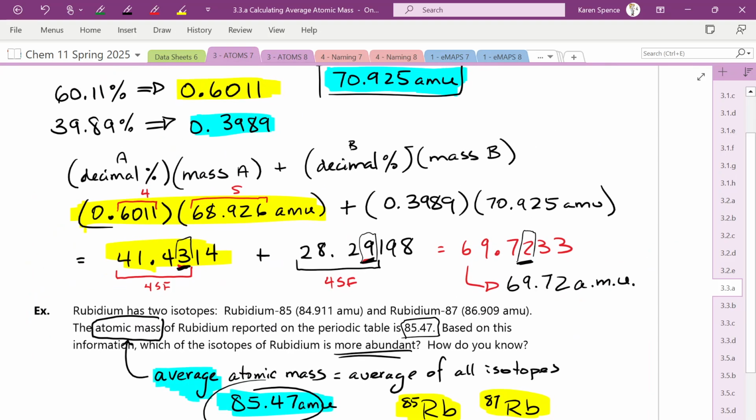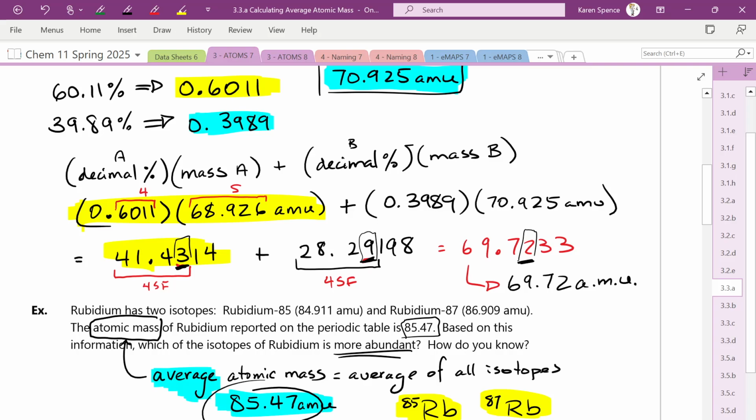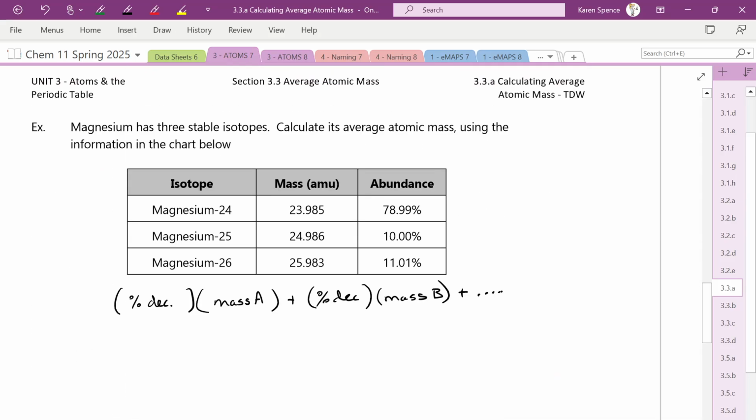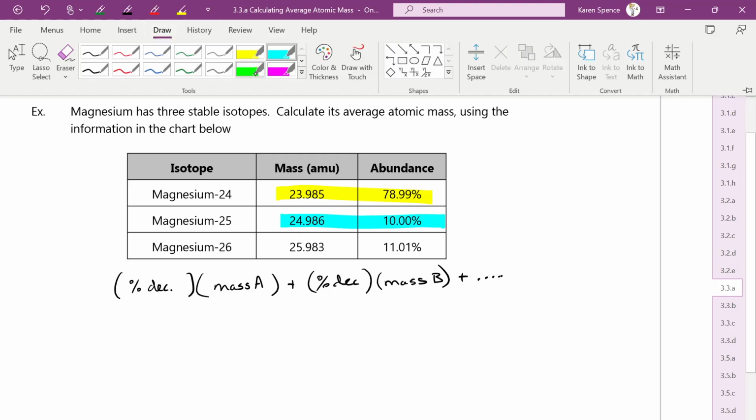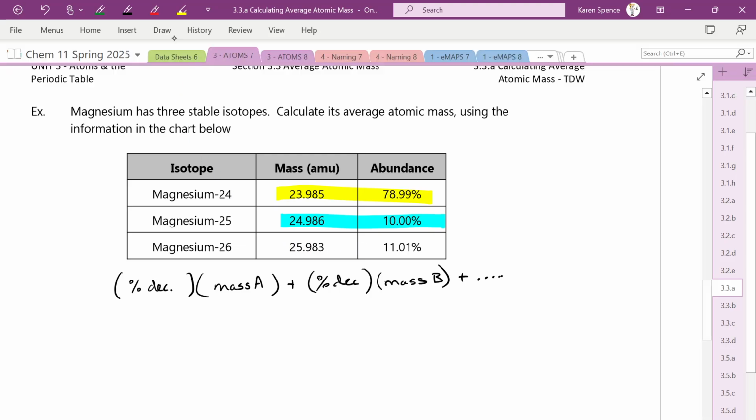Is the answer 25? Let's find out. So we would have this one and this one and this one.